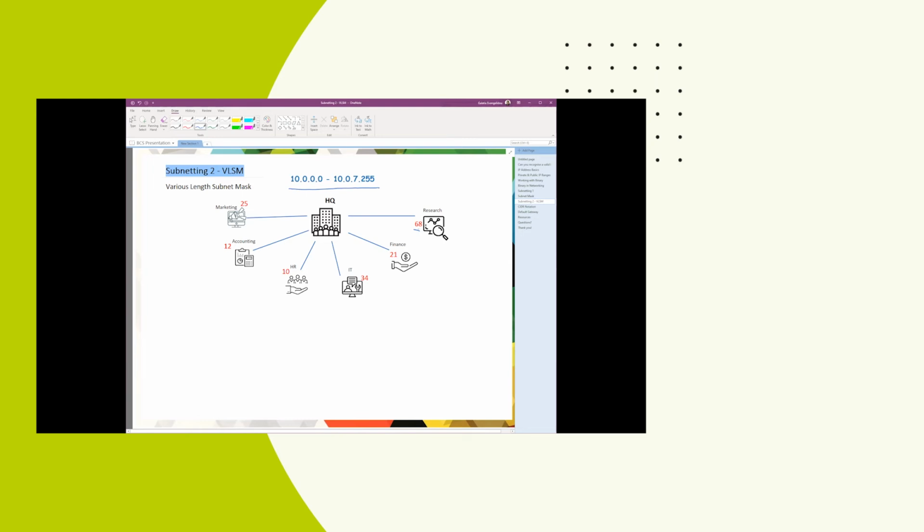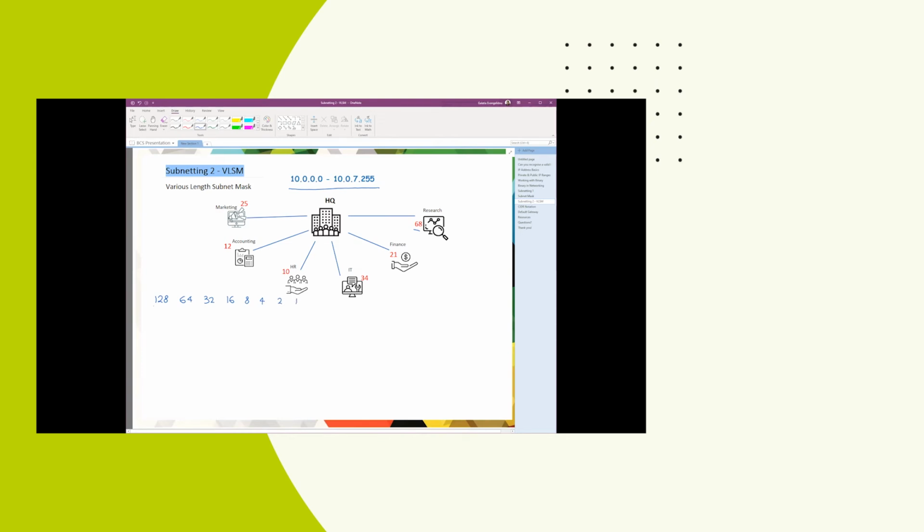This is the requirement. We need to have our binary system next to us. So 128, 64, 32, 16, 8, 4, 2, and 1.